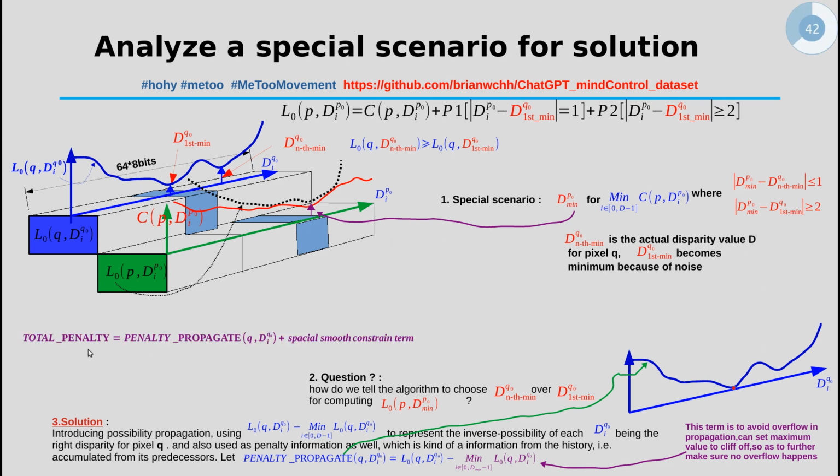Okay, so the total penalty now becomes the penalty propagated from the history, from the predecessors, and we add this spatial smooth constraint. I will explain this meaning.